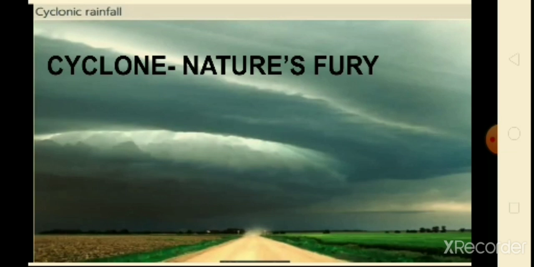The supercyclone swept the entire coast of Odisha, including the cities of Bhubaneswar and Cuttack and 28 coastal towns. There was heavy and massive damage of crops like paddy, vegetables and fruits.